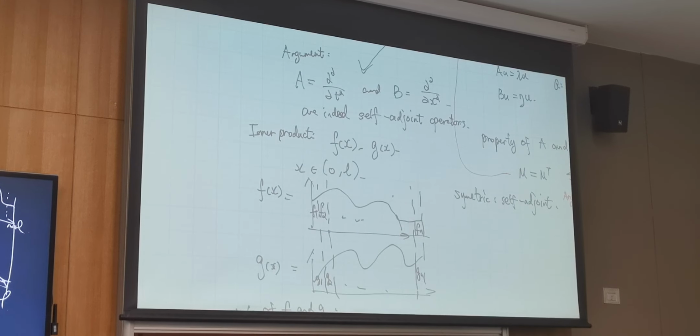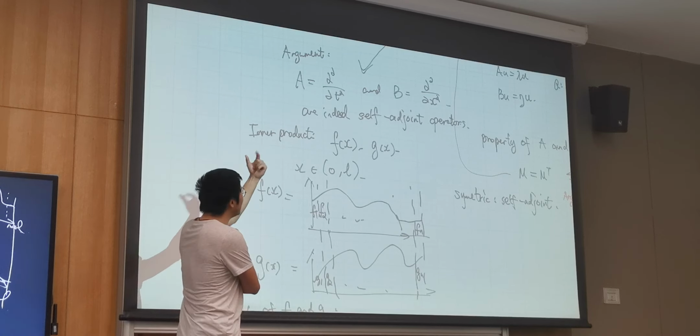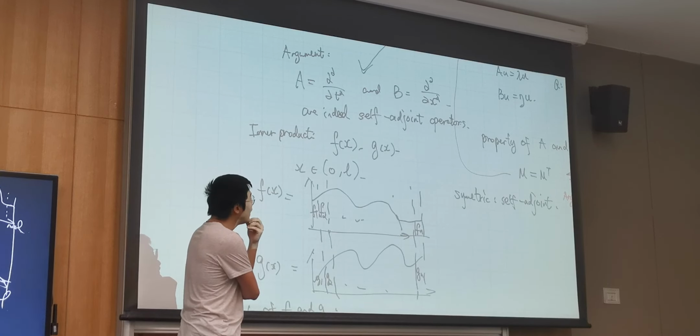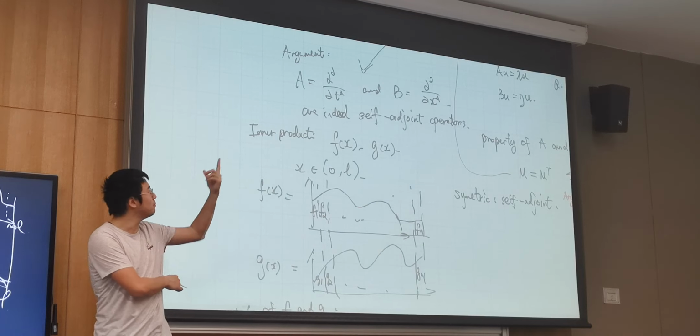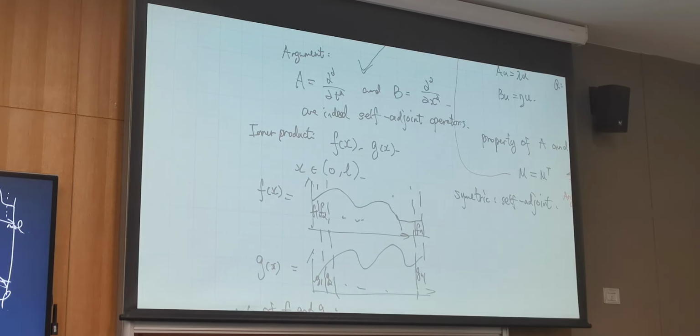Now I need to come back and use the idea of inner product to argue that A is indeed a self-adjoint operator, and B is also a self-adjoint operator. How to do that?